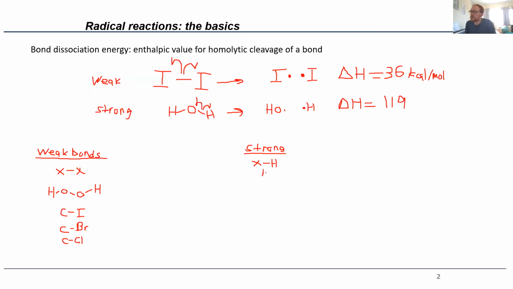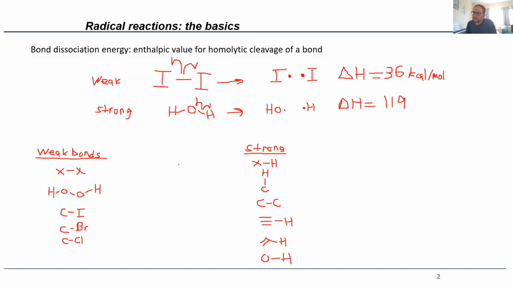We'll say that in general, carbon-hydrogen bonds are quite strong. Carbon-carbon bonds are quite strong. And we'll note that the CH bonds of alkynes and alkenes are strong as well. And also in this X-H category, OH bonds, like we saw above, are quite strong, as well as NH bonds.